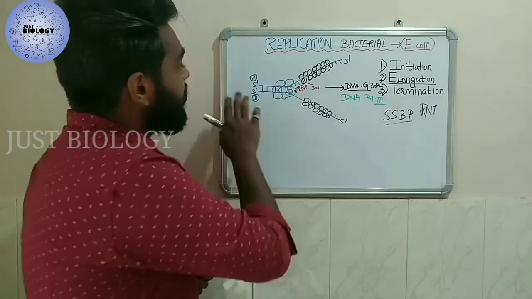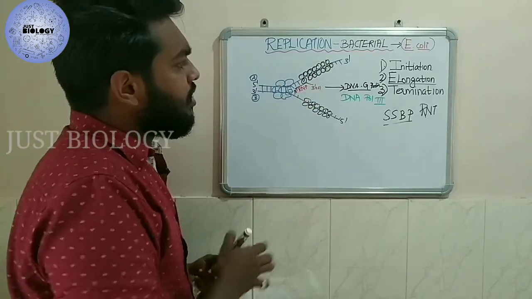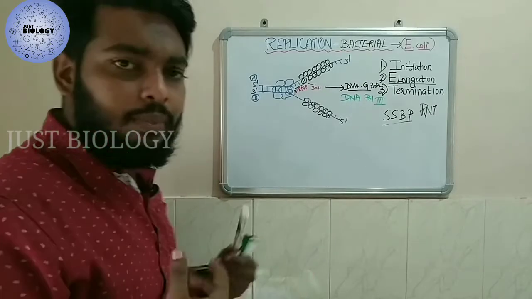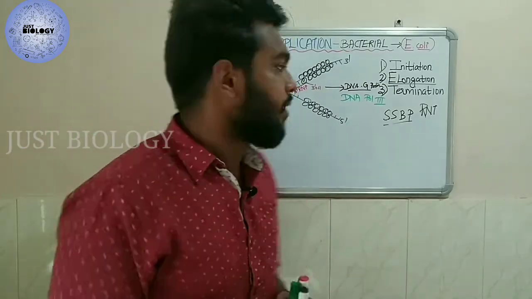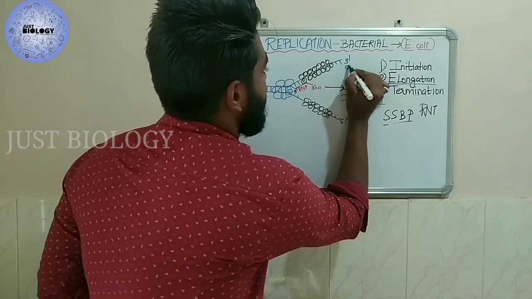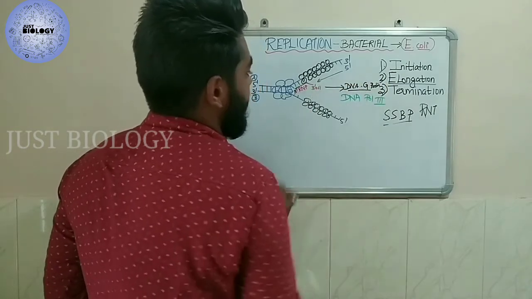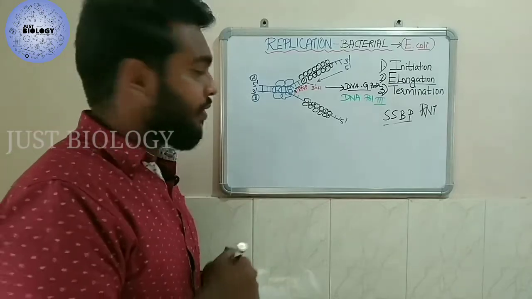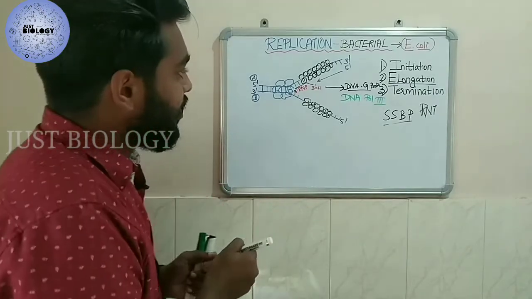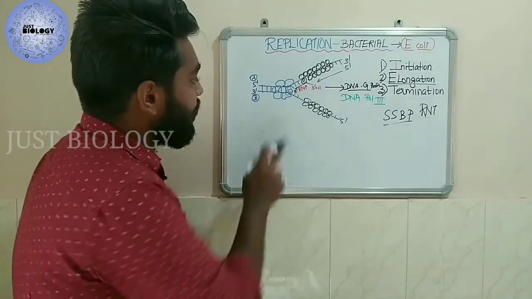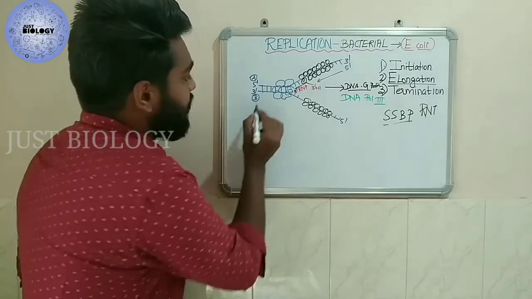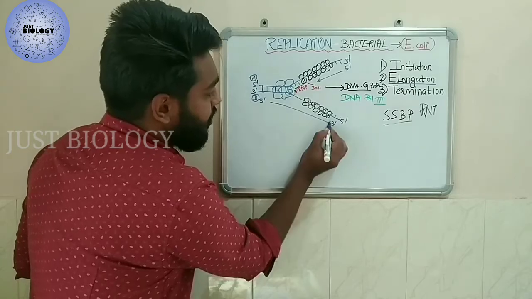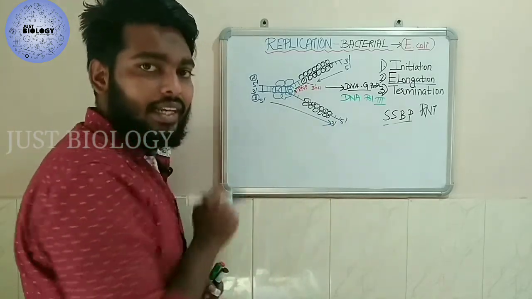Now if you see the A strand, the directionality of this polymerization is quite good, because they follow the rules, 5' to 3'. But here the problem comes. The directionality of this B strand is supposed to be 5' to 3', so the direction will be in this direction.